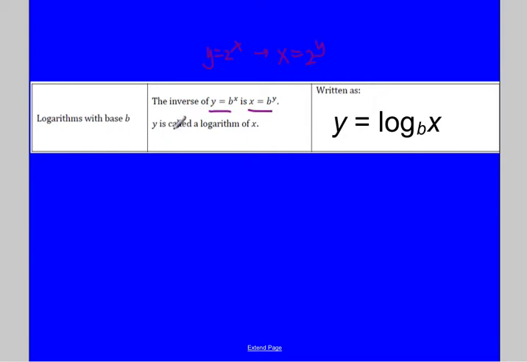So y is called a logarithm of x, which is written as y equals log base b of x. Using this piece right here, this is the way we rewrite it. Really, y is my exponent. See, that's my exponent here.